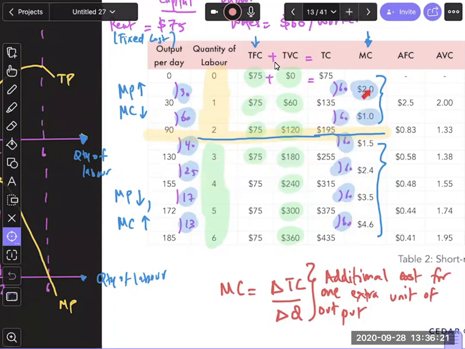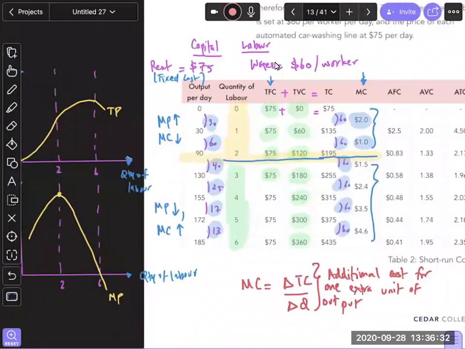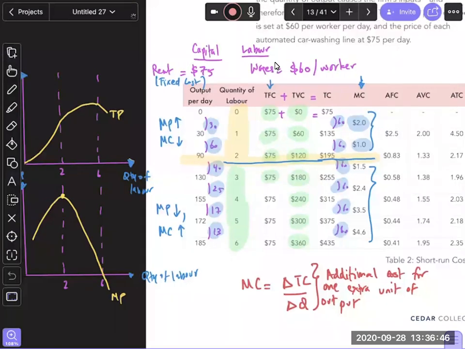So first the marginal cost went down, and then marginal cost started to go up. Do we agree with this? This is using the same example. We're not going to do these other columns today, they are not important. We're going to focus on marginal cost because I want to show you this in a diagram. Are we happy with whatever we've done so far?